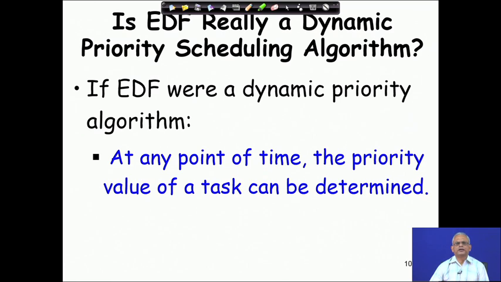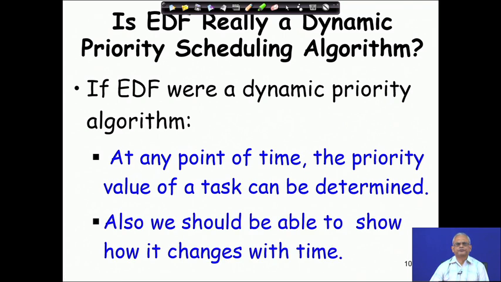But so far, if you look at the discussion that we have, we never mentioned anything about priority. We just said that the scheduler examines the task having the earliest deadline and then schedules it. So, what is the notion of priority here, and why do we call it a dynamic priority scheduling algorithm?